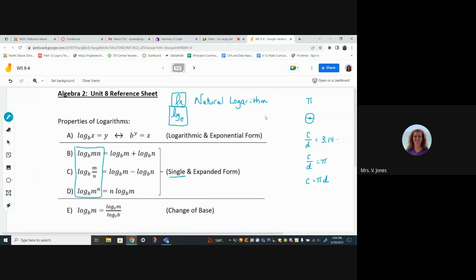Okay, so I put the word single first, remind you that's the left side, and then expanded forms are on the right side. So we want it to look like the left. We do not want to leave it with 2 logarithms being added. We don't want to leave it with 2 logarithms being subtracted, and we don't want to leave a number out in front of the logarithm.